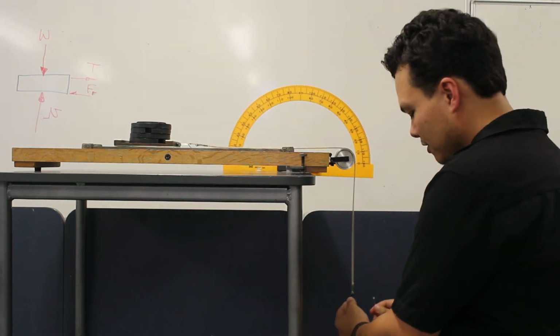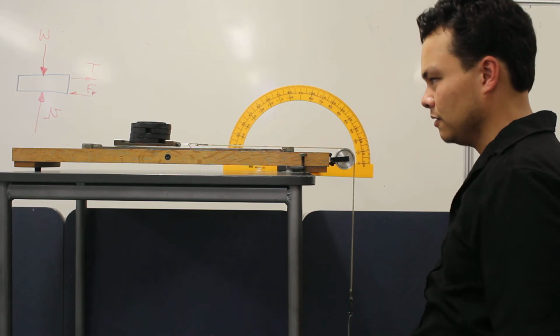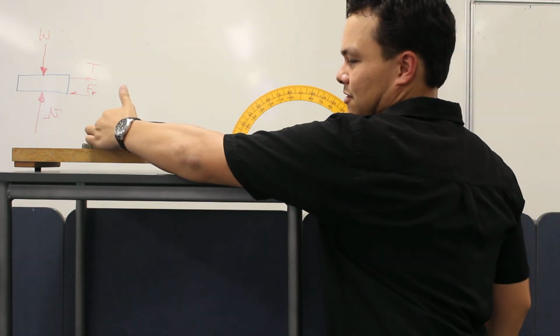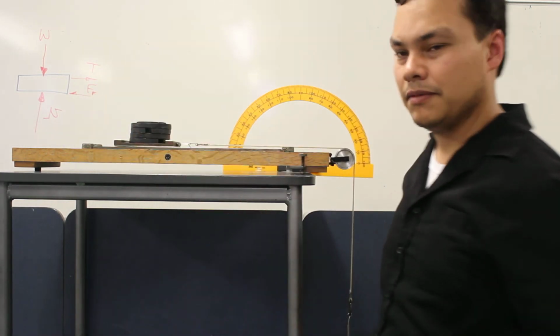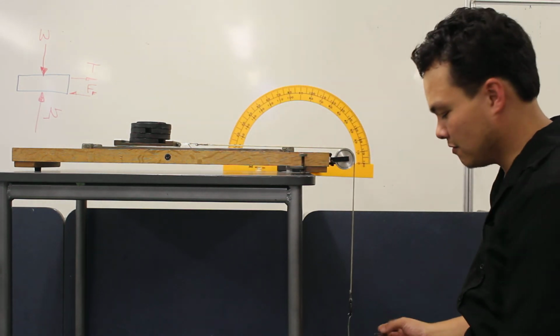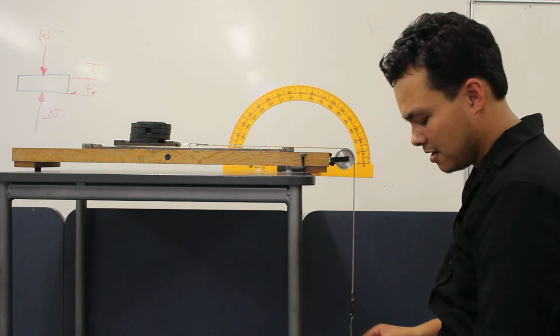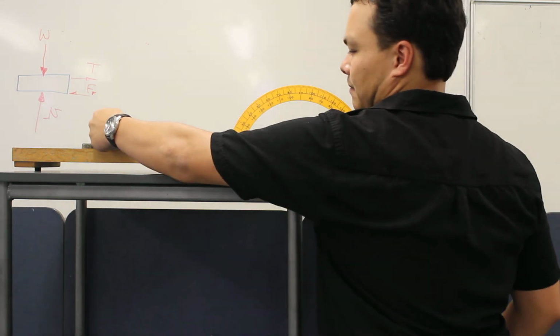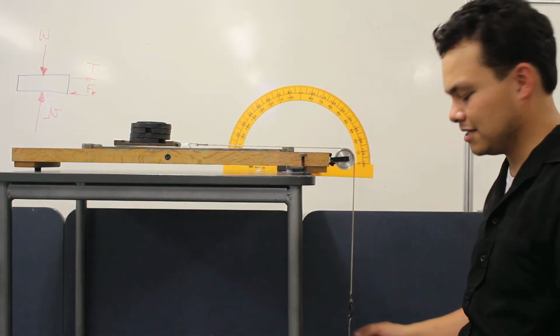Put our hanger back on. So we see that this time the system doesn't move because of the higher mass here, and then we can add more mass onto the right hand side, give it a tap, and keep going until we see the system move.